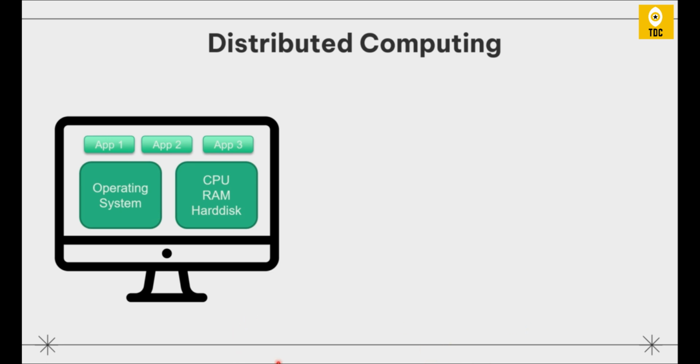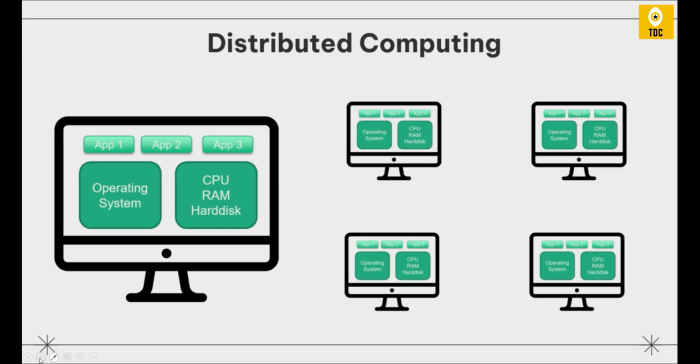But when it comes to distributed computing, there will be multiple nodes. It will not be one computer or one node; it will be multiple nodes of systems. We have demonstrated four nodes here, that is, four computer systems. Each computer system, or each node as we call it, has its own CPU, RAM, hard disk, and operating system.